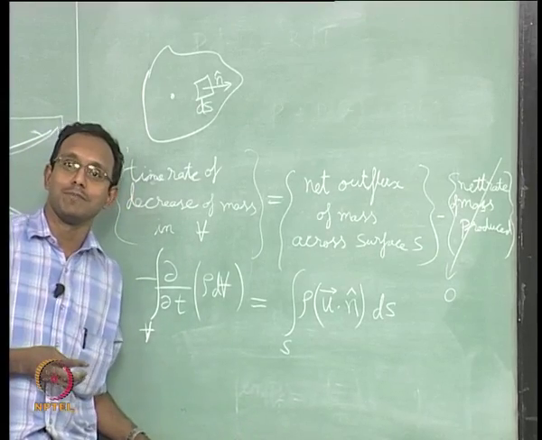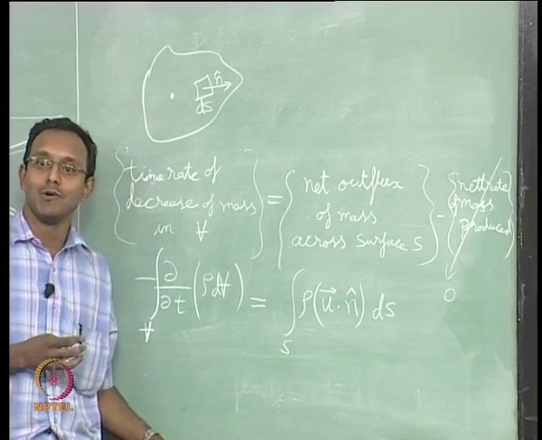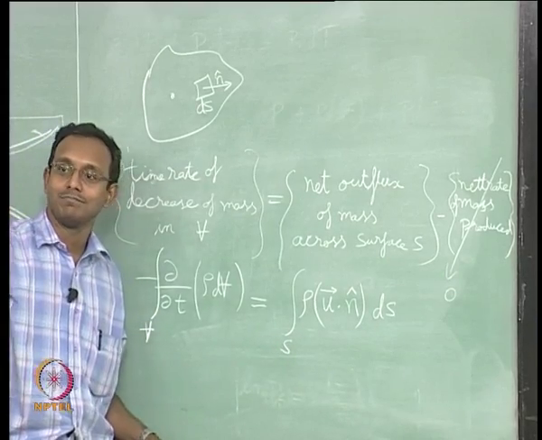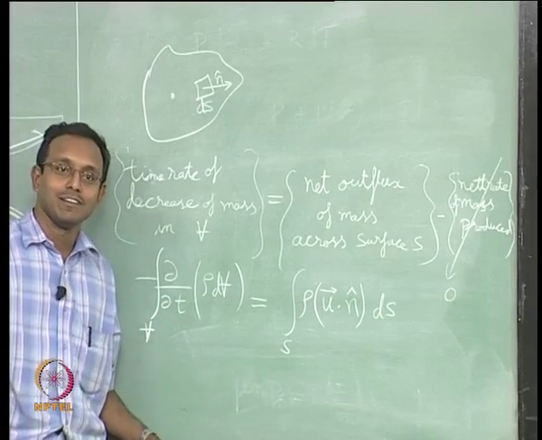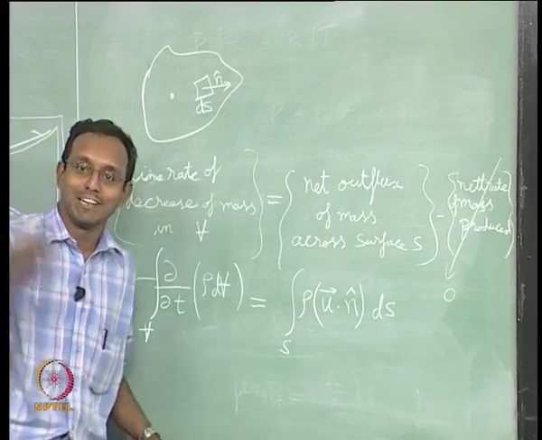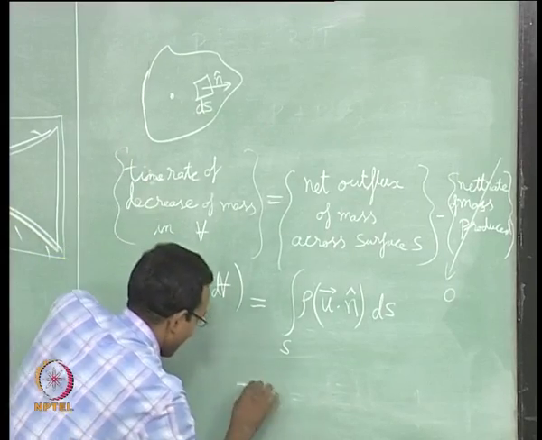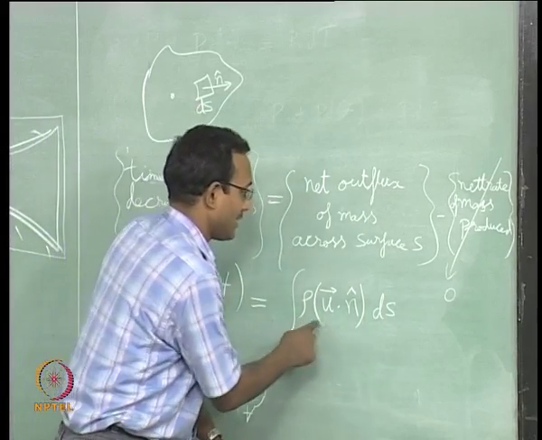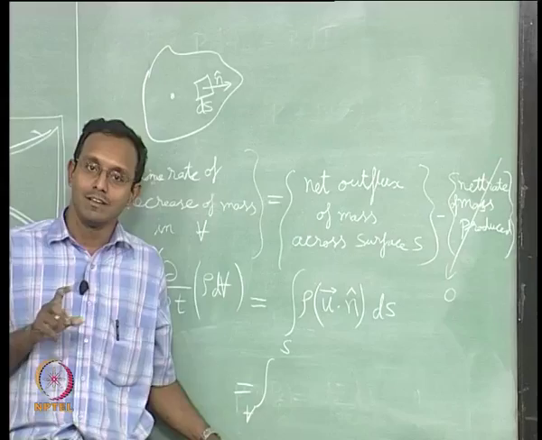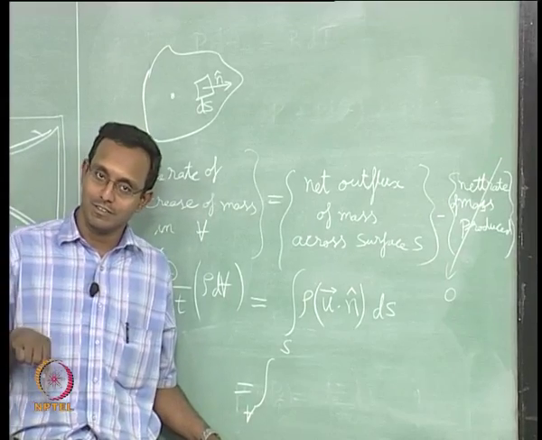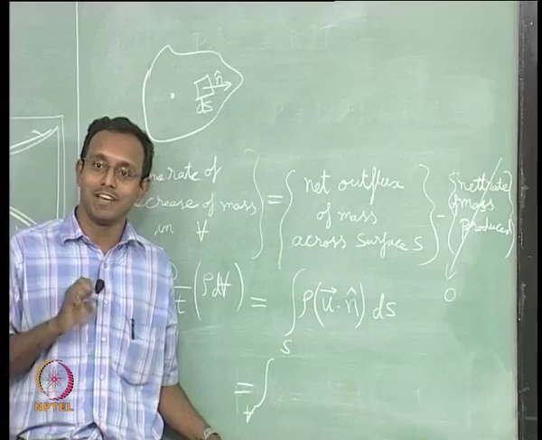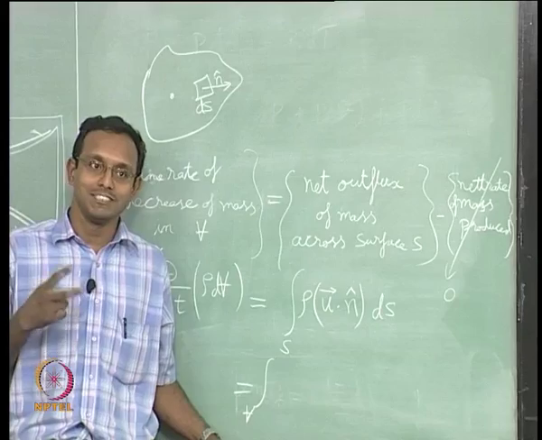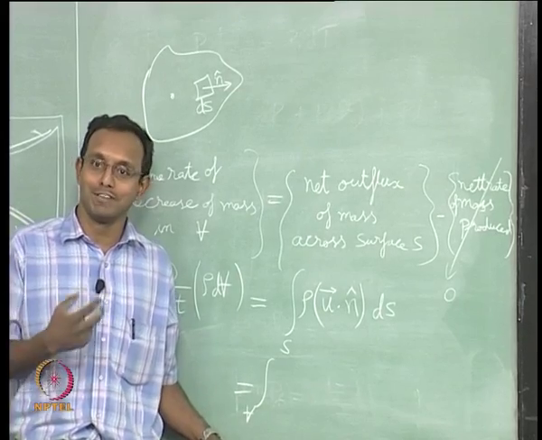Now, we will just go and ask the mathematician Gauss how to convert this so that both look like volume integrals. One is a surface integral, the other is a volume integral. Gauss has a vector algebra based theorem which will directly link this to volume. The net flux of a quantity out of a surface is going to be equal to the net divergence inside the volume enclosed by the surface. This is the wording of the mathematical statement.